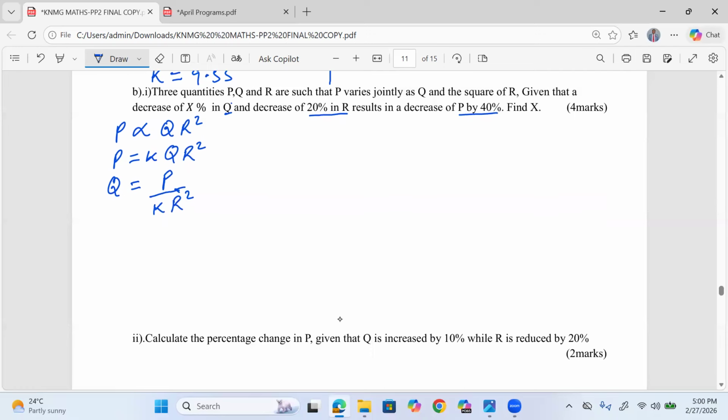So this is the original Q. So what about the new P?